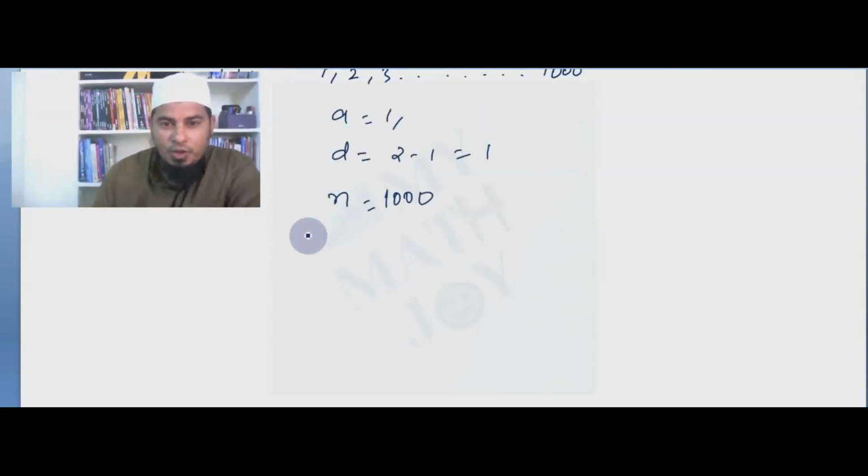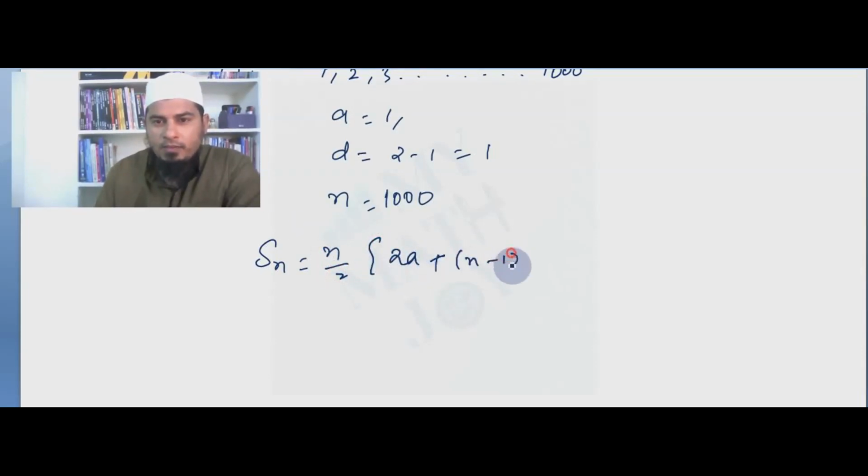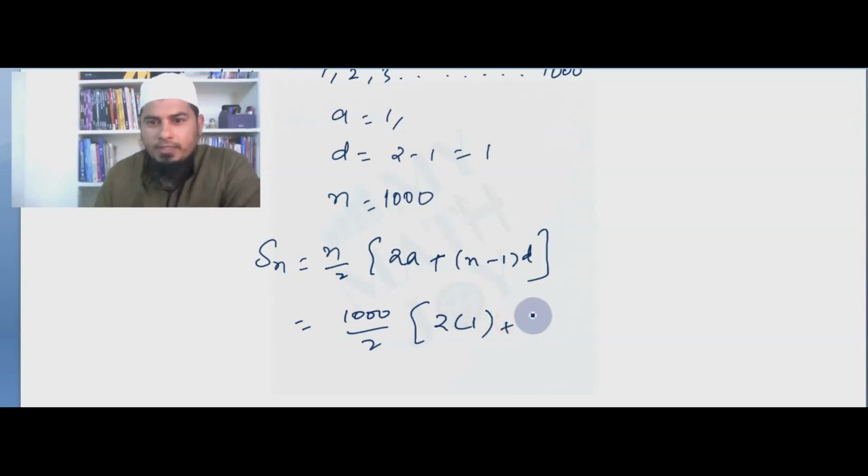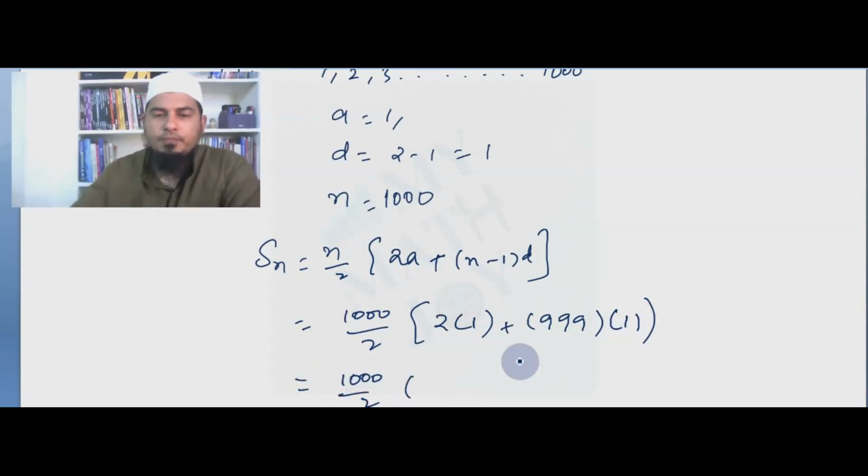Let us go to the formula Sn is equal to n by 2 into 2a plus n minus 1 into d. So what is n? 1000 over 2. 2 times a1 plus n minus 1, that is 999, d is 1. So what we get here? 1000 over 2.